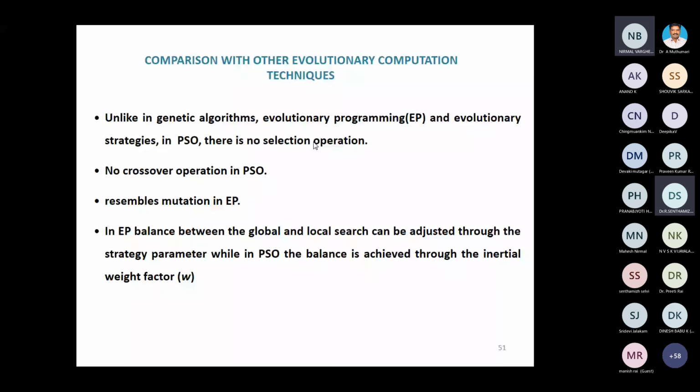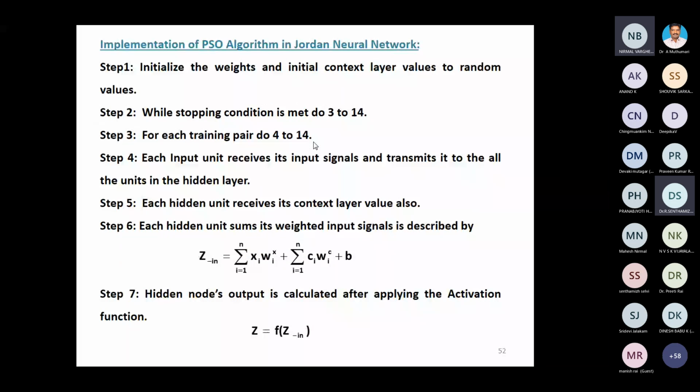Now, this is how I am implementing a PSO algorithm in Jordan networks. அதாவது, all must listen carefully. As a research student, இண்டிவிஜுவலா ஒரு அல்காரிதத்தை பத்தி யூ கேன் ஸ்டடி. அதே மாதிரி ஆர்கிடெக்சரும் as a separate architecture you can know, right? But you don't know. That is very important. That is very crucial. How that algorithm can be suitably or optimally implemented to the architecture.